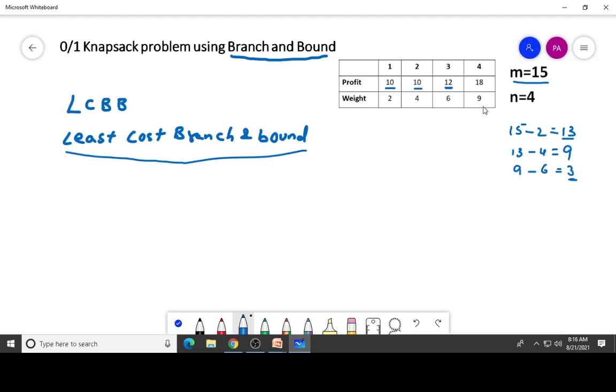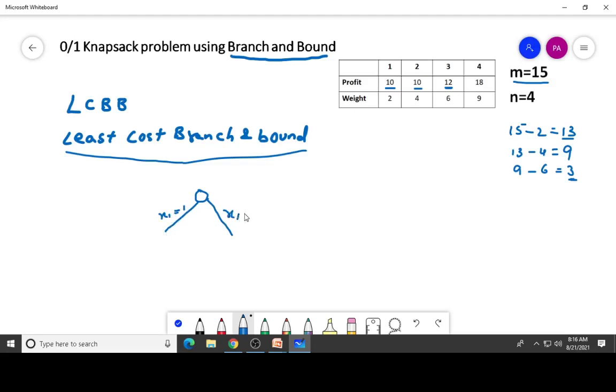So here when we are adding this, two things are there. First one is x1 equals 1, that means item 1 is 1, that means we are adding.